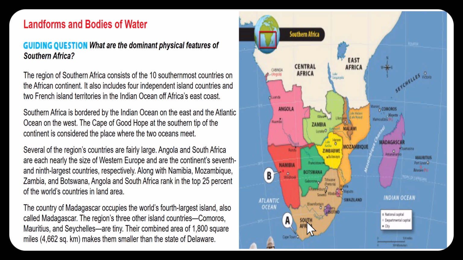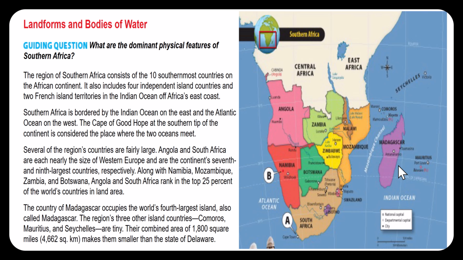The country of Madagascar, pictured here, occupies the world's 4th largest island, also called Madagascar. The region's 3 other island countries, Comoros, Mauritius, and Seychelles, are tiny. Their combined area of 1,800 square miles makes them smaller than the state of Delaware.